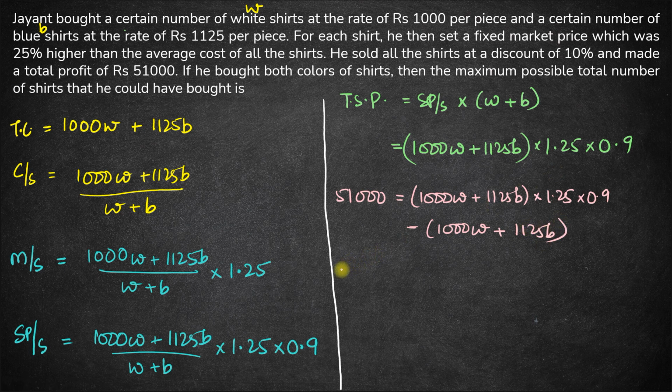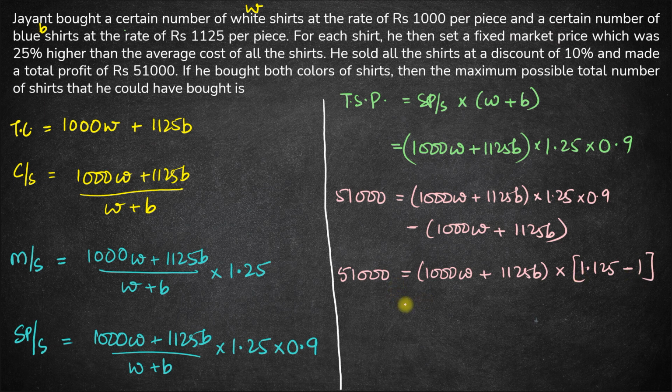So from here we have 51,000 is equal to, taking (1000 W plus 1125 B) common, 1.25 into 0.9, which is 1.125, minus 1, since 1 remains when this is taken common.